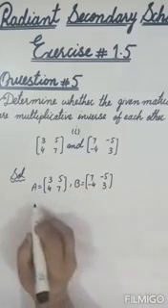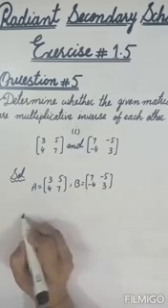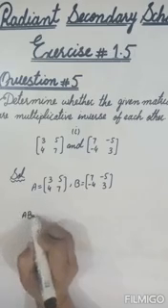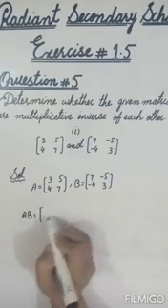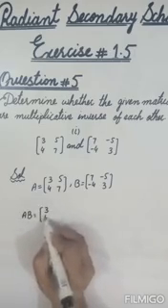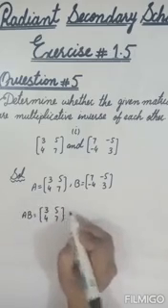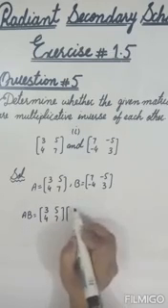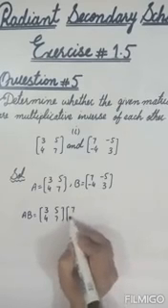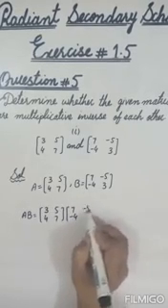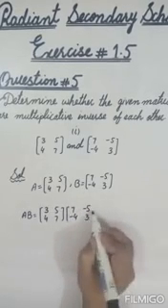Now simply we have to find out the product, which is equal to AB. The first matrix is [3 4; 5 7] into the second one, B is equal to [7 -4; -5 3].